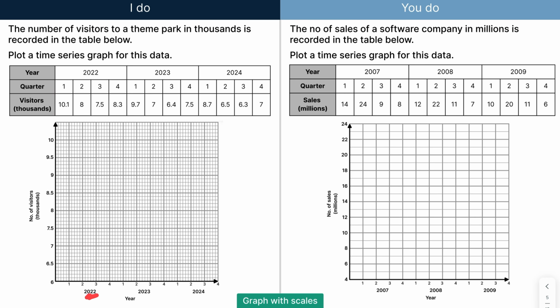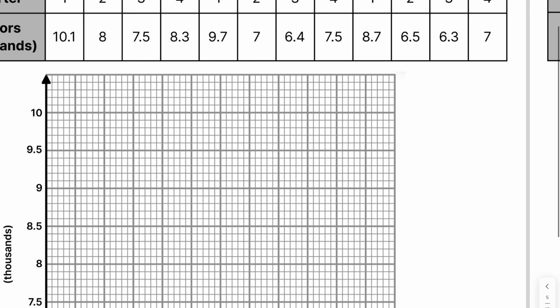So we go to 2022, quarter 1, which is there, and then we just go to 10.1, which is going to be roughly there, and we just plot that in. I've plotted that probably a little bit too high because it's a little bit trickier to do on the iPad. If I just go for that again, that would be right there.